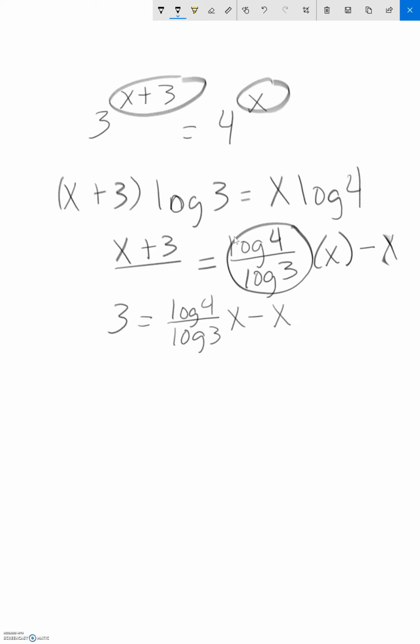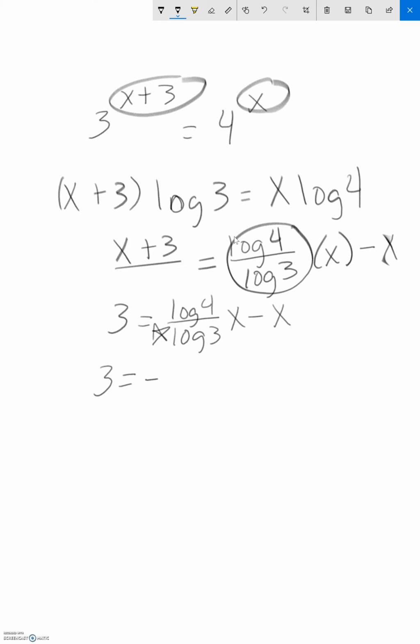So 3 is equal to, and if you put this into the calculator, what is the log of 4 divided by the log of 3? It's approximately 1.26.